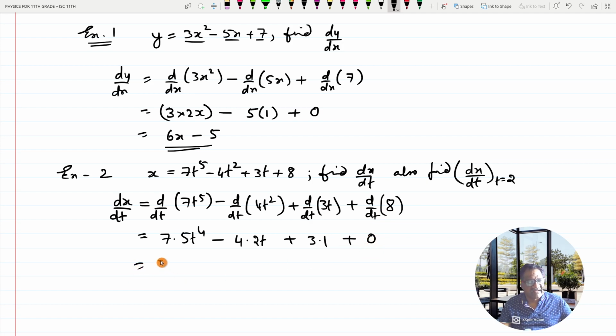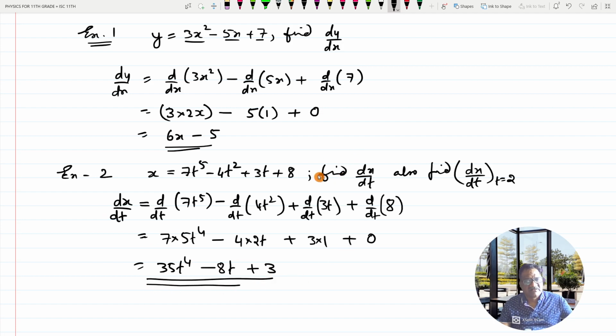So I get 7 into 5, not 7.5, 7 fives are 35, t raised to 4, minus 4 twos are 8t, plus 3 ones are 3. This is dx by dt.